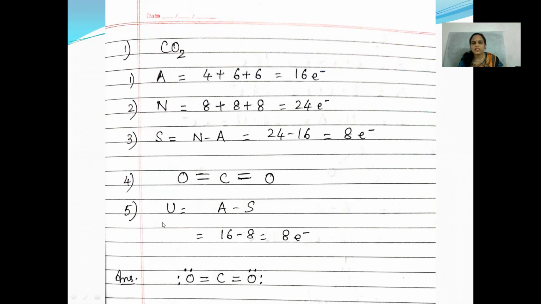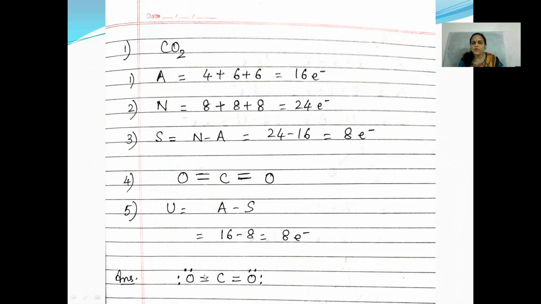Then you will calculate the unshared electrons, that is U. U equals A minus S. The A value is 16 and the S value is 8, so 16 minus 8 is 8. So you need to show 8 unshared electrons. Carbon has completed its octet, so the non-bonding electrons will be on the oxygen atoms.